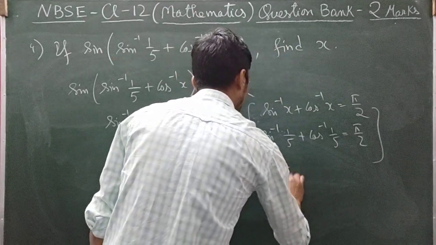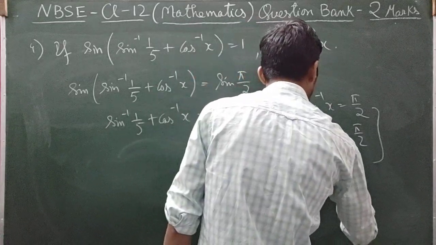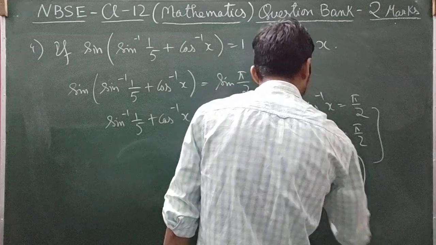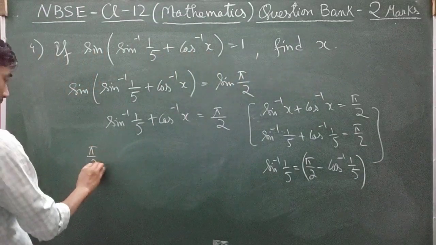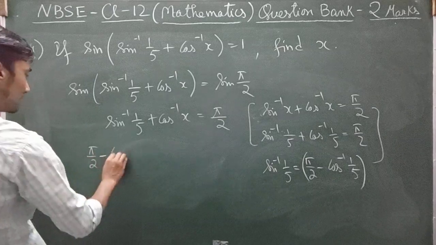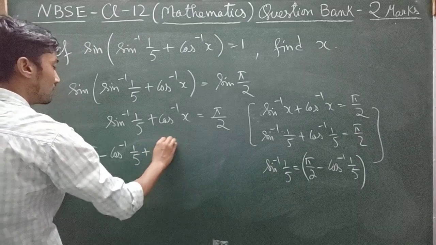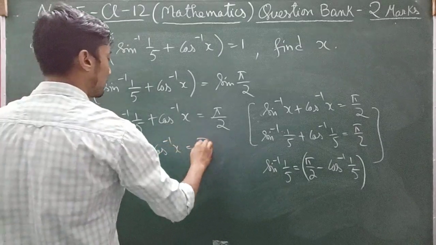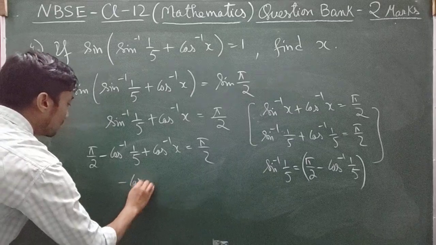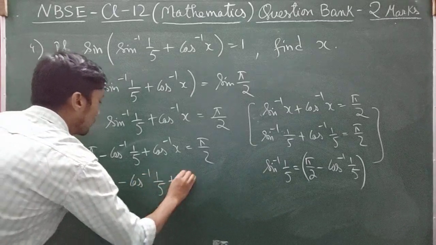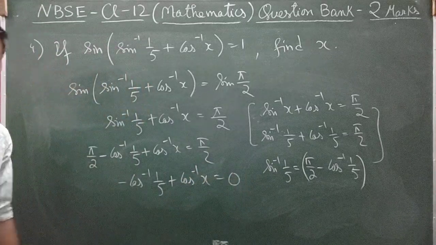So that means sine inverse 1 by 5 can also be written as pi by 2 minus cos inverse 1 by 5. We can replace that. So instead of sine inverse 1 by 5, I will write pi by 2 minus cos inverse 1 by 5 plus cos inverse x is equal to pi by 2. So pi by 2, pi by 2 cancel, and we'll be left with minus of cos inverse 1 by 5 plus cos inverse x is equal to 0.